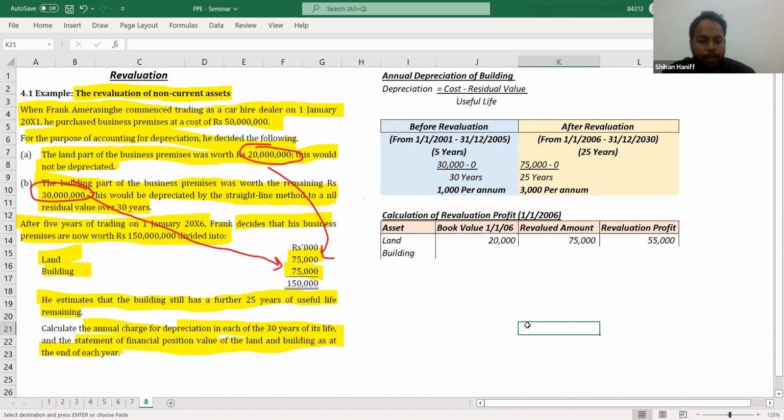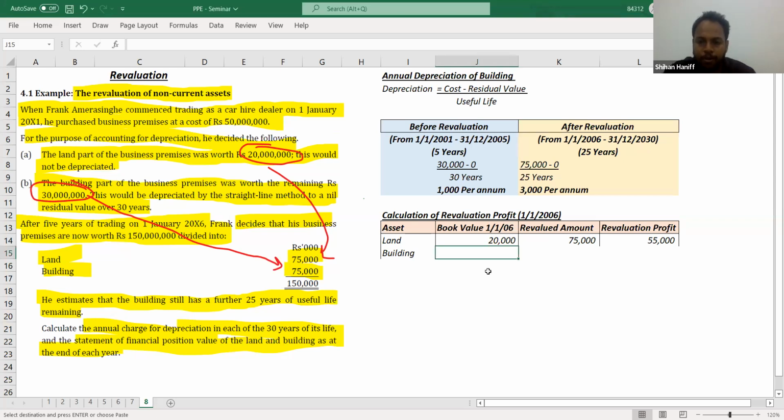Okay. Then building, up to 1st of January, we need to find out the depreciation and the book value. Let me calculate the book value for the building.